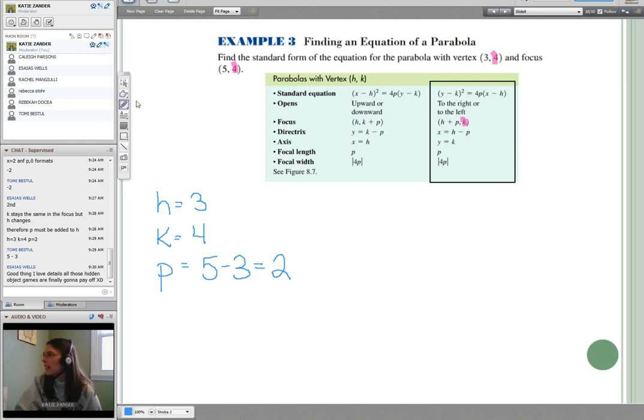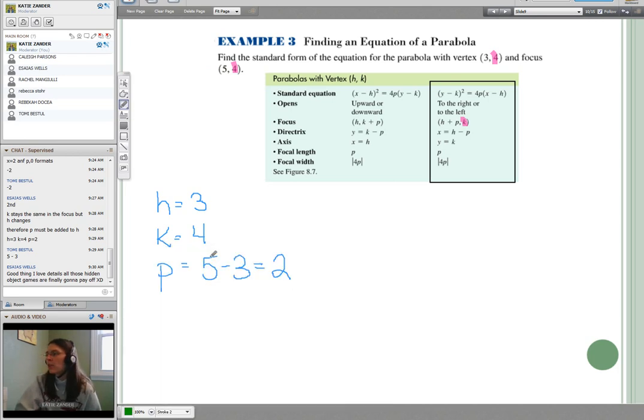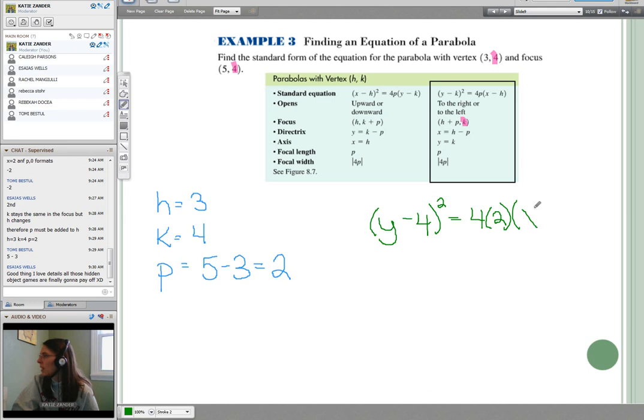All right, let's go ahead and create our equation now. Since I have those 3 values, all it is is substitution. So we'll do y minus k squared equals 4 times p times x minus h.